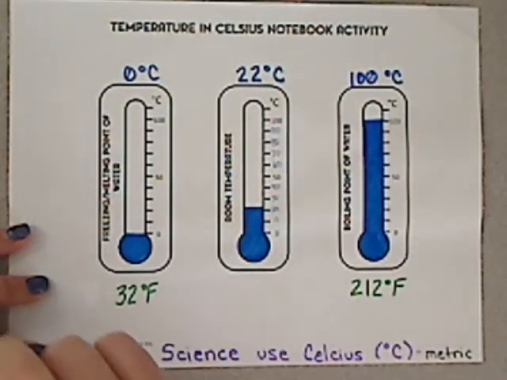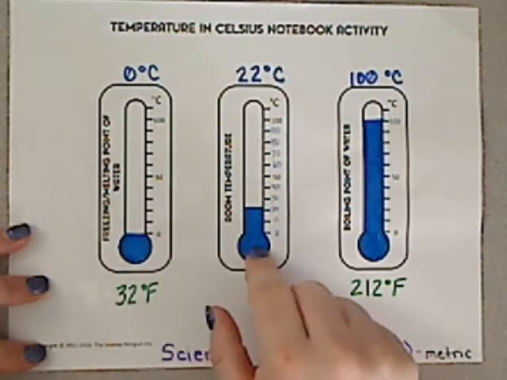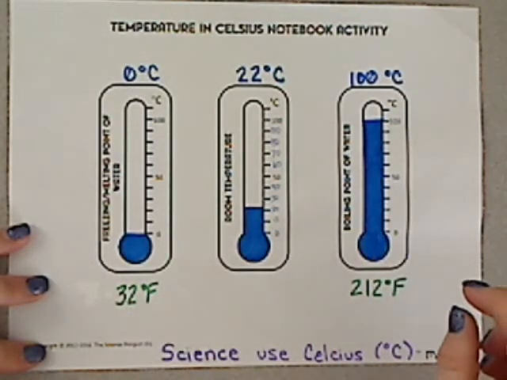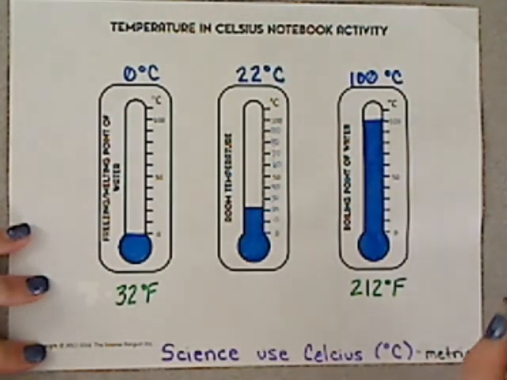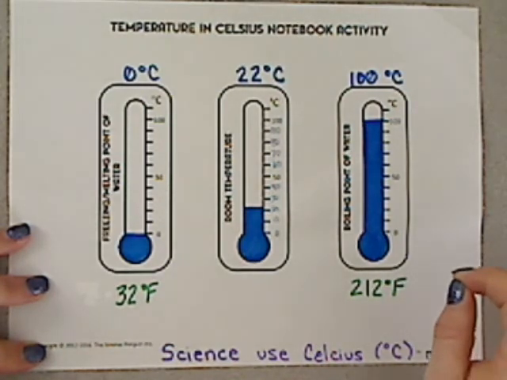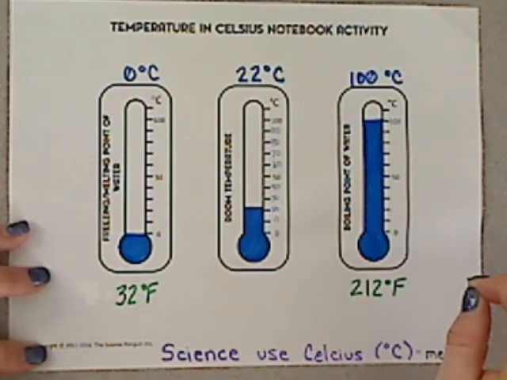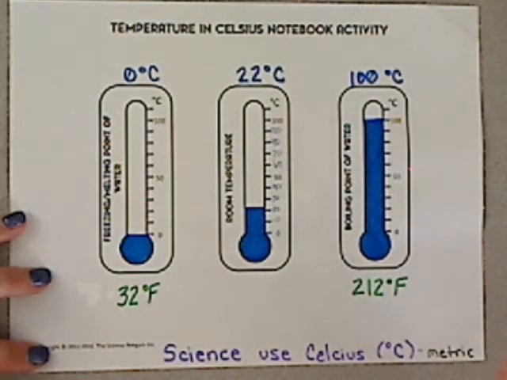So just remember that when you're looking at a thermometer, the mercury inside the thermometer is going to tell you the temperature. Do not break thermometers. Mercury is a very poisonous type of matter, and it can be deadly. So if you ever accidentally break a thermometer, immediately get an adult.